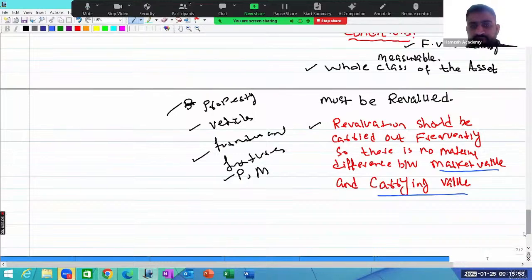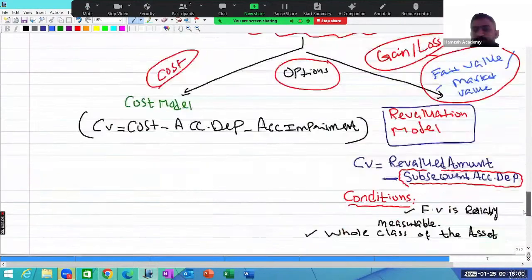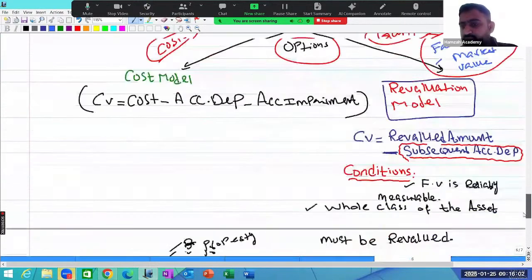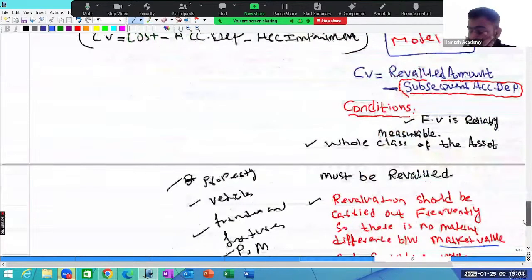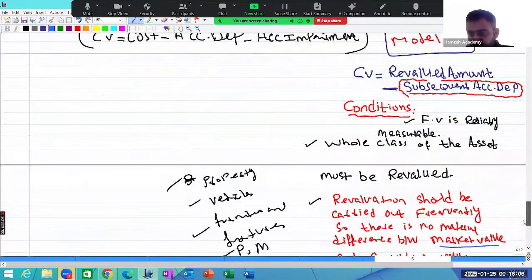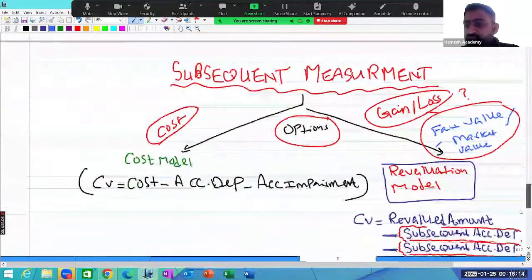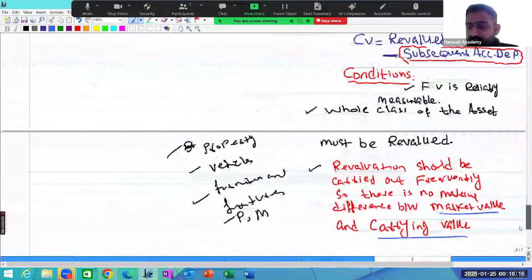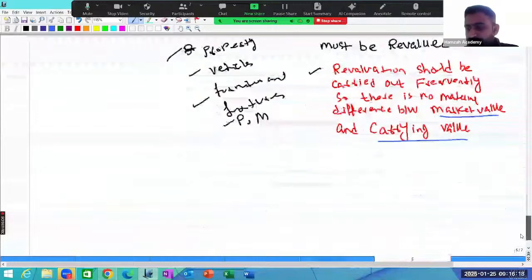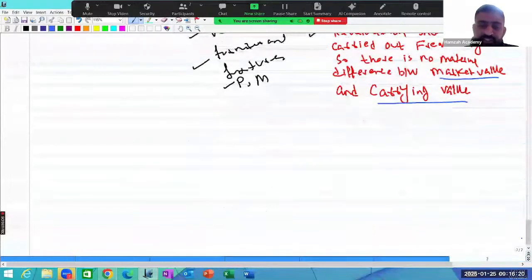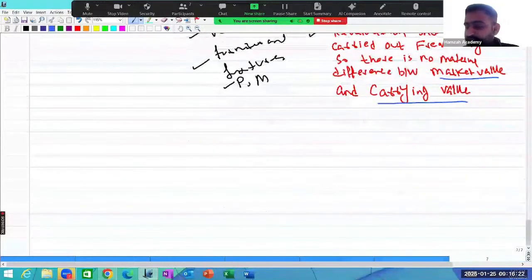Okay, students, we have started the revaluation model. We have discussed the conditions which need to be fulfilled in order to use the revaluation model. Now we will leave the calculation of gain and loss and other aspects in terms of calculation, but that aspect I will discuss in the next class.